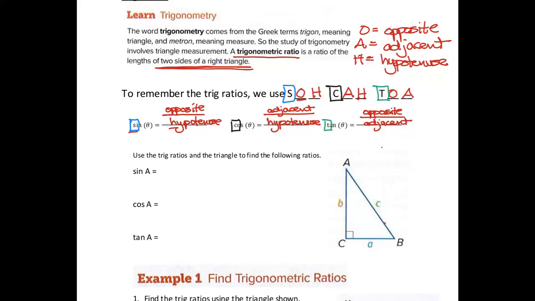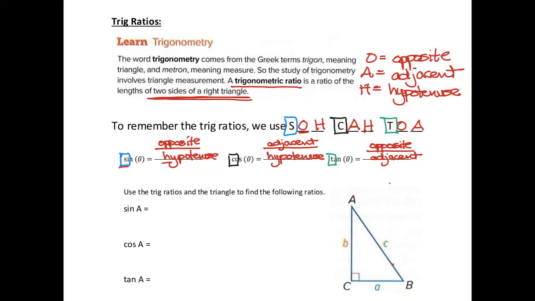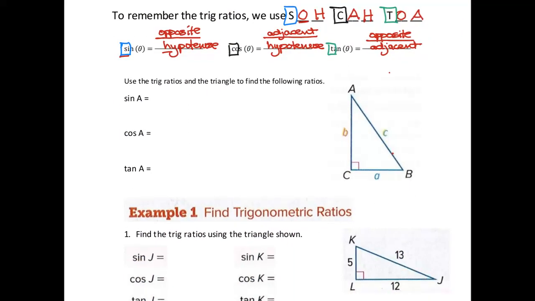TOA is T-O-A. So there's only 3 letters from the sine, cosine, and tangent that we use. So, SOHCAHTOA.